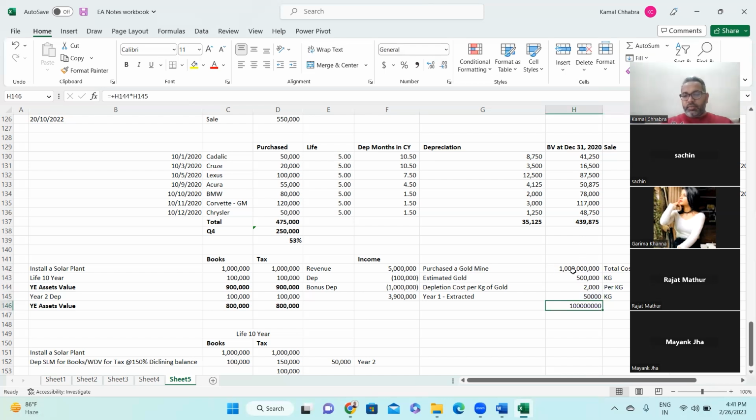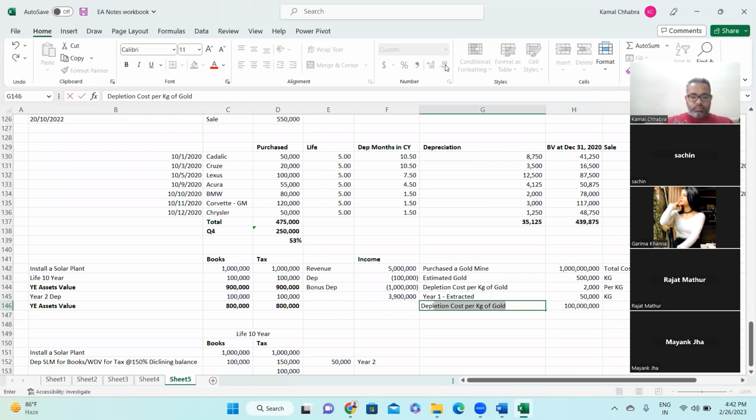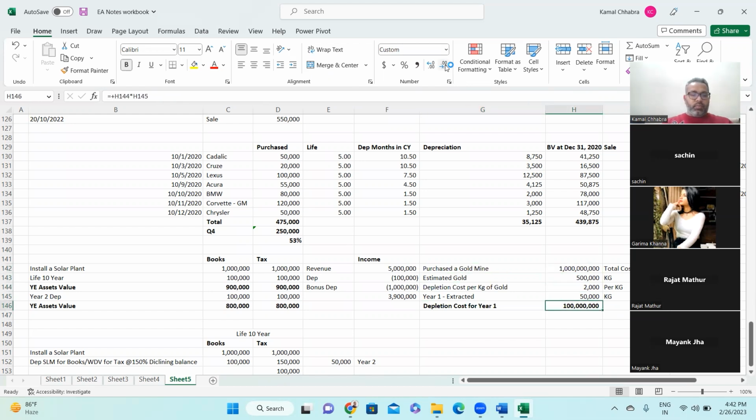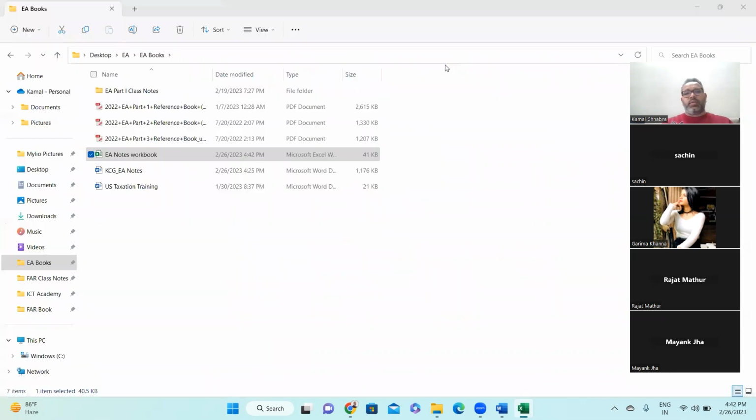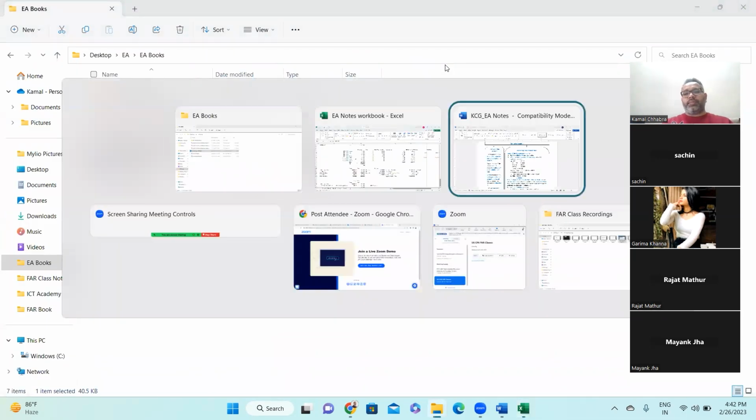Are you guys with me? Yes, sir. How much is the depletion cost? 100 million. Right? Are you guys agreed to it? Yes, sir. So that's how depletion is booked.